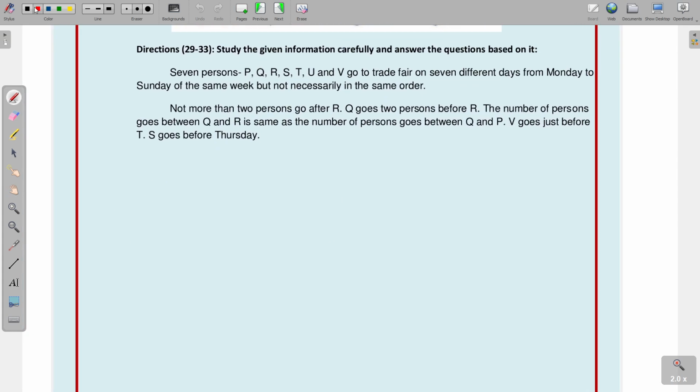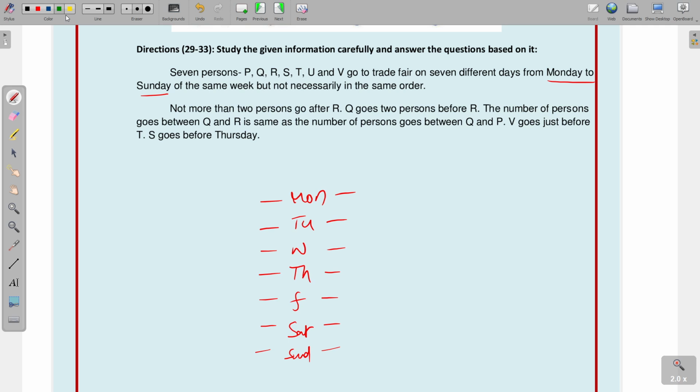Question number 29 to 33. 7 persons P, Q, R, S, T, U and V go to a trade fair on 7 different days starting from Monday to Sunday. So Monday, Tuesday, Wednesday, Thursday, Friday, Saturday and Sunday. There are 7 persons going to the trade fair.